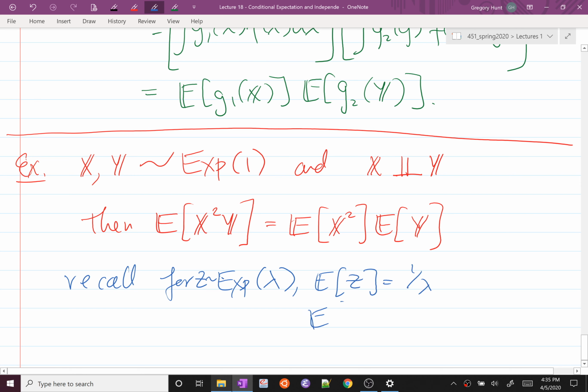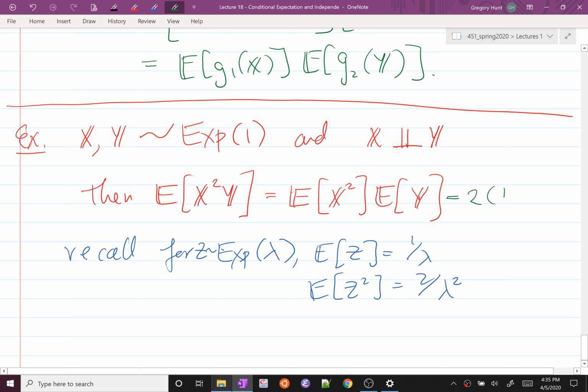So this works out to be 2 times 1. Okay? So super nice. The expected value is just 2, and that is a real quick way of calculating it using our factorization of expected value.